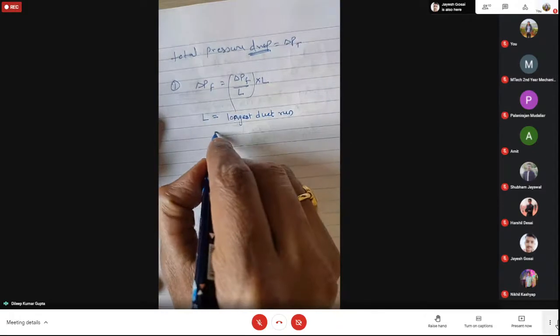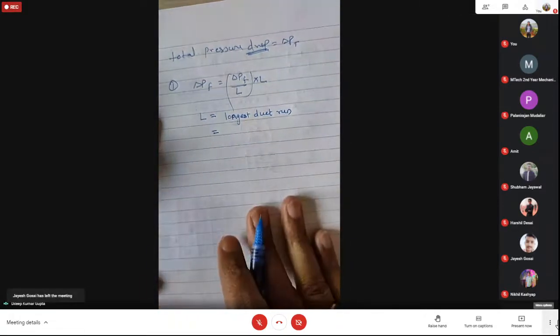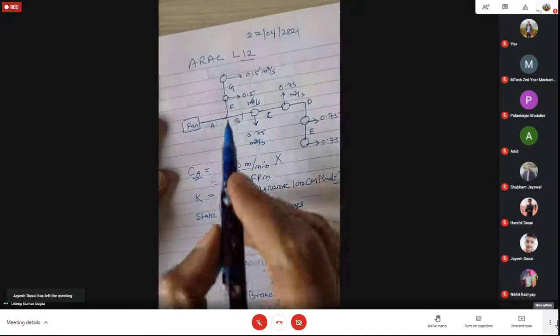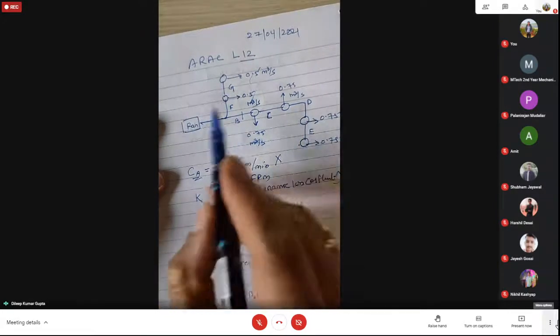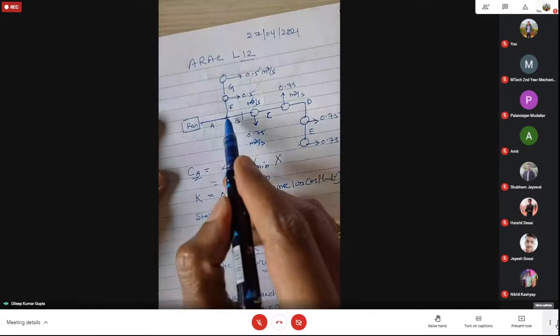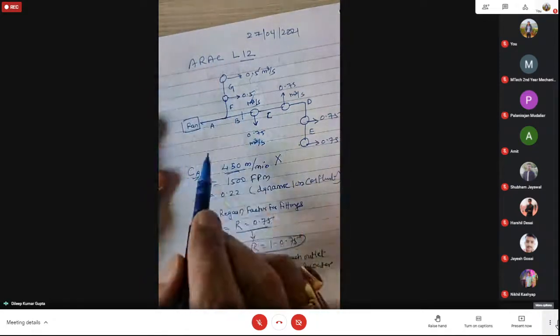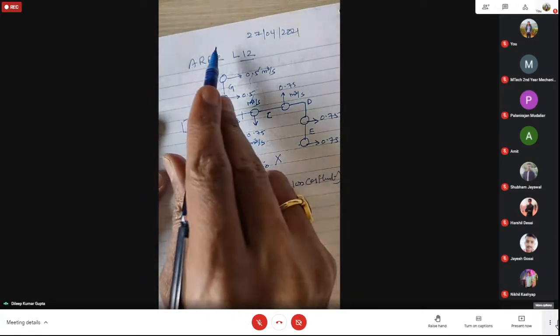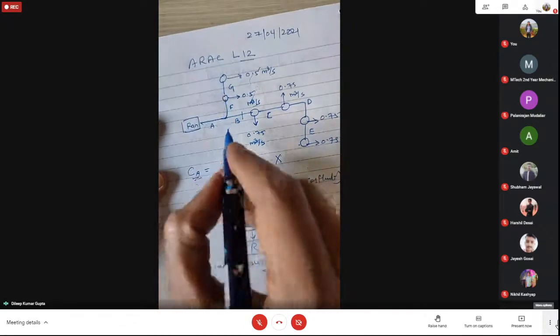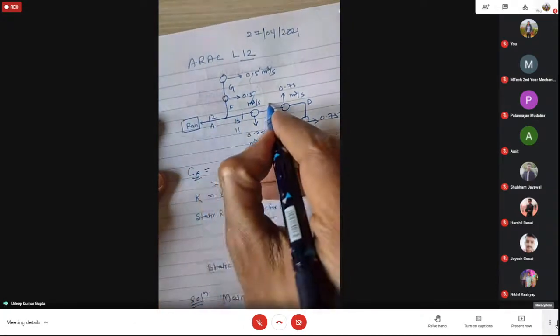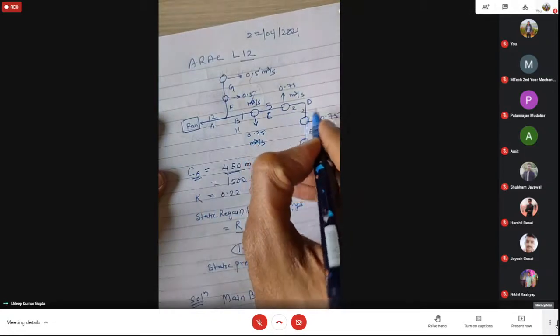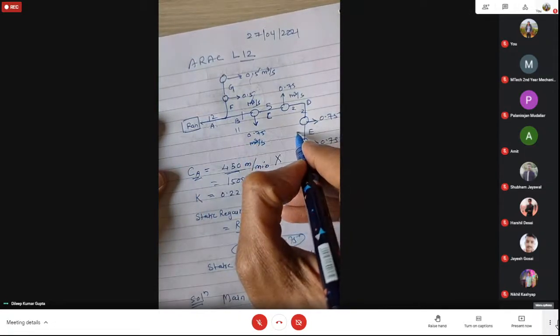The value for this particular condition is taken as, you can see, the longest duct run is A to E. Whichever is the highest value, suppose this length is very high from this point to this point. A is 12 meter, this is 11 meter, this is 5 meter, this is 2 and 2, and this is I think 5 meter.